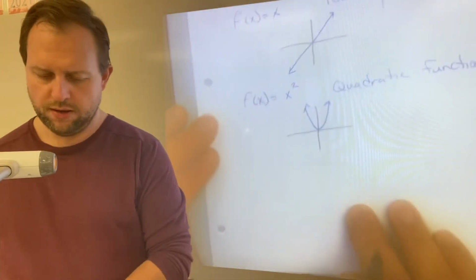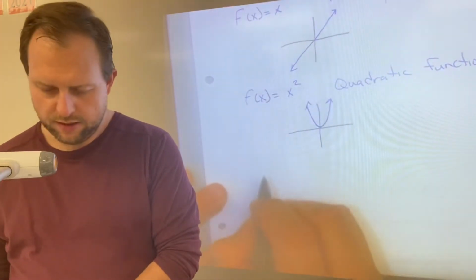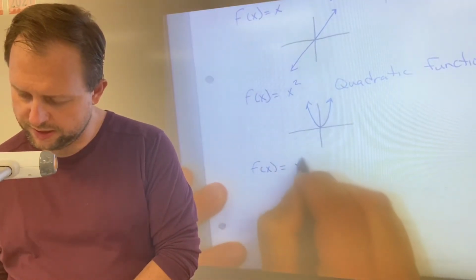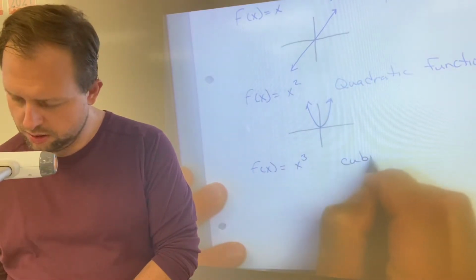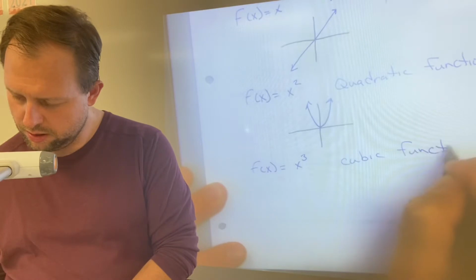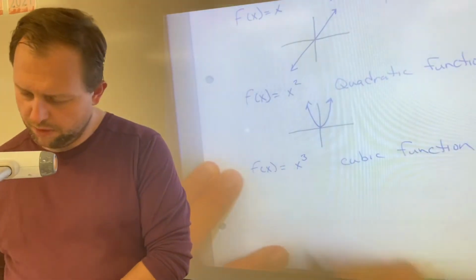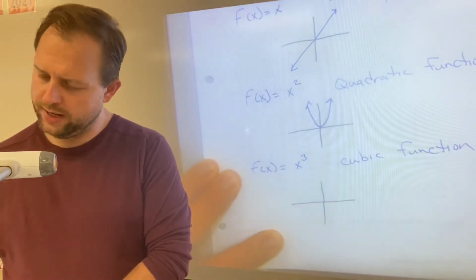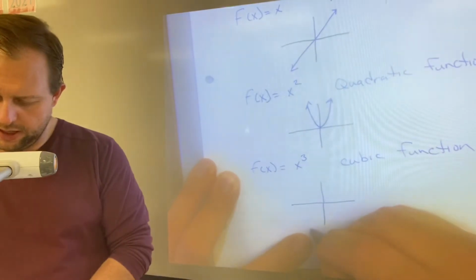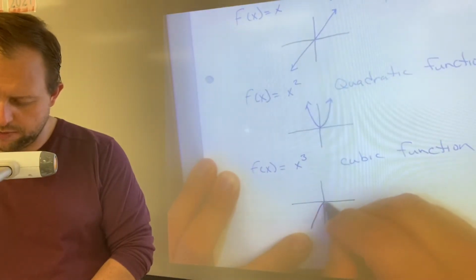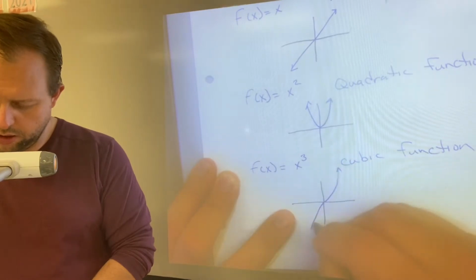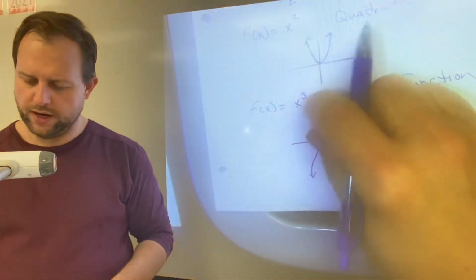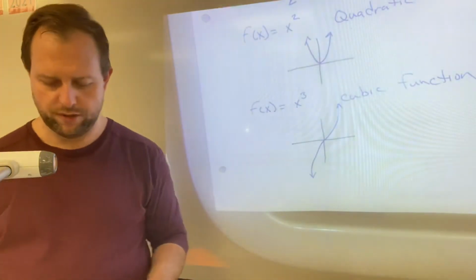The fourth one is the cubic function, f of x equals x cubed. Remember, a cubic function, because it's third power, one end starts in one direction and the opposite end is in another. So in the cubic, it comes up through and then curves back around. Okay? So like a quadratic, only the first side's flipped in the opposite direction.